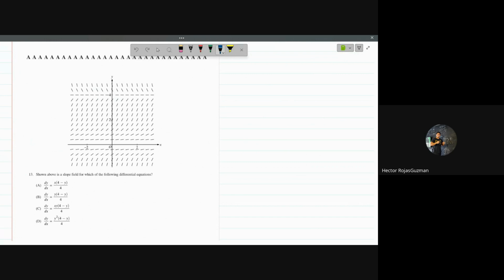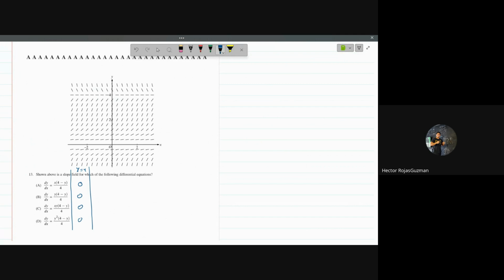If y is equal to 4, and you plug a 4 into the y, it doesn't matter what the x is because this is going to be 0, 0, 0. Okay, that didn't help at all.